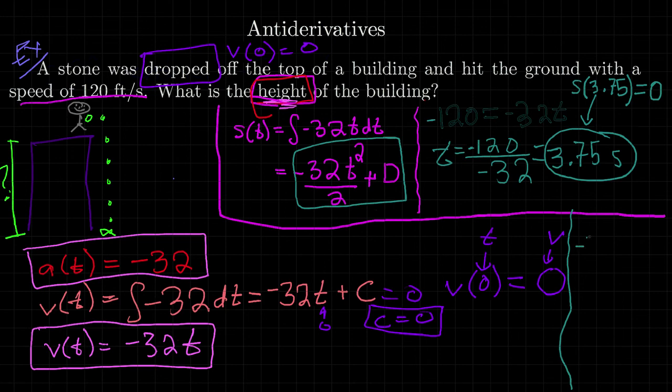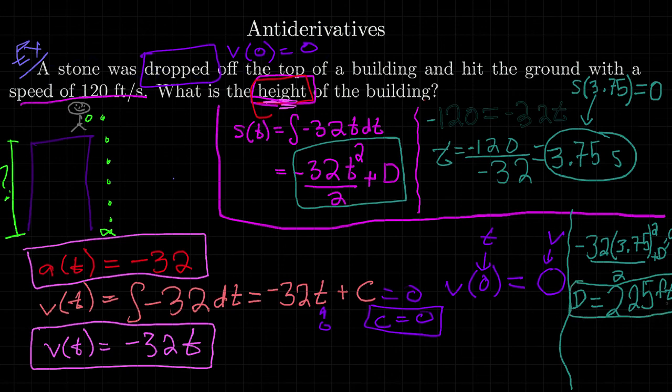And I need to plug in for t 3.75, negative 32 times 3.75 squared over 2, plus d is equal to 0. And so if I solve for d here, I would get 225 feet. And that's it.